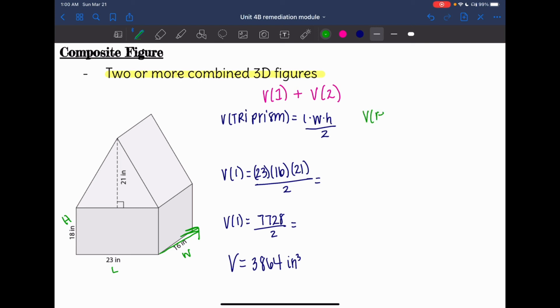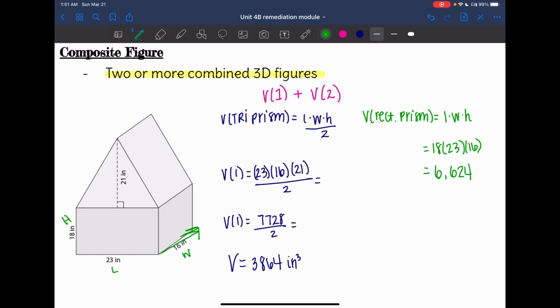So the volume of my rectangular prism is equal to, just for the volume of rectangular prism, it's the easiest, multiply length times width times height. So I have 18 times 23 times 16, which gives me 6,624.